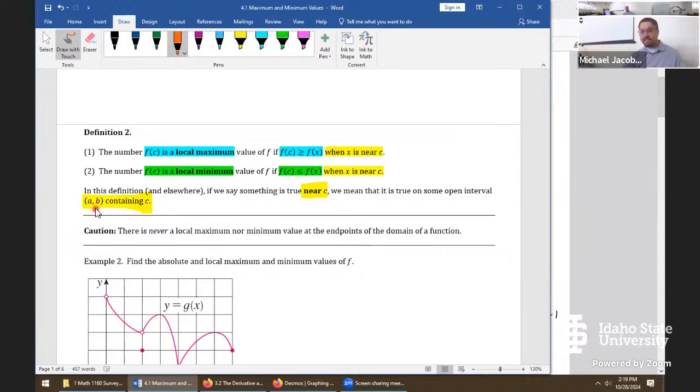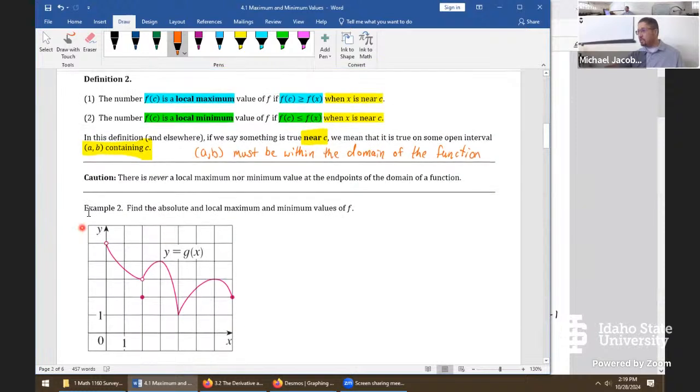Let's make just a quick comment here to say that statement. (a, b), as an open set, must be within the domain of the function. And this statement we're writing here in orange is what leads us to the cautionary statements down below.